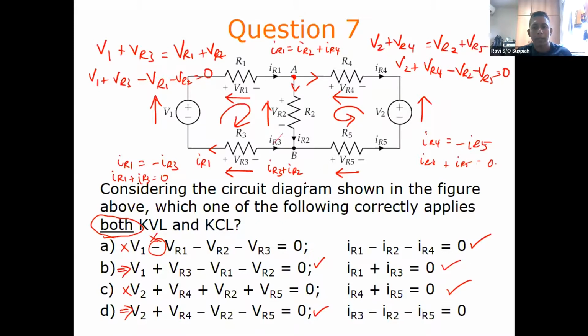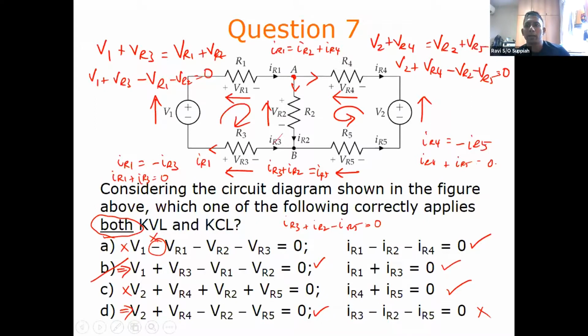Give me a minute, I'll explain this and I'll come to the question. If I rewrite this, it will be IR3 plus IR2 minus IR5 equals to 0. So this is wrong. So the only correct option here is B. Okay, so that is basically how you analyze the KCL and KVL.